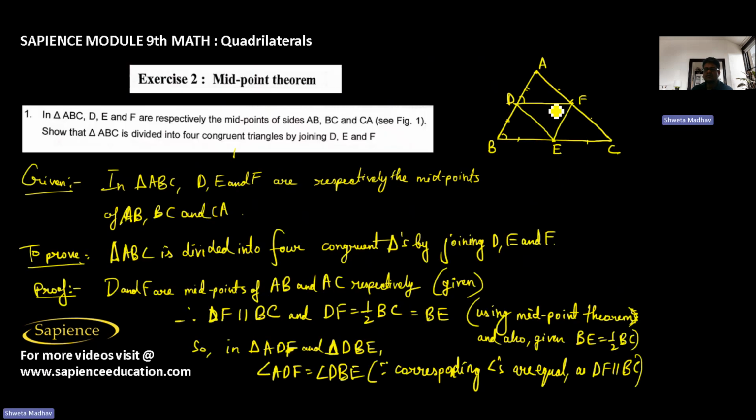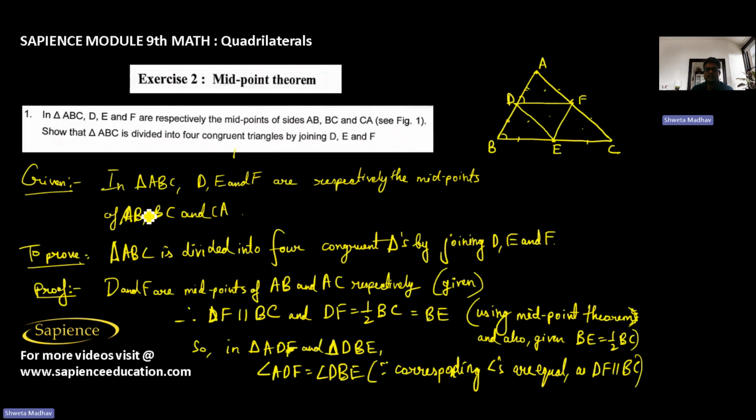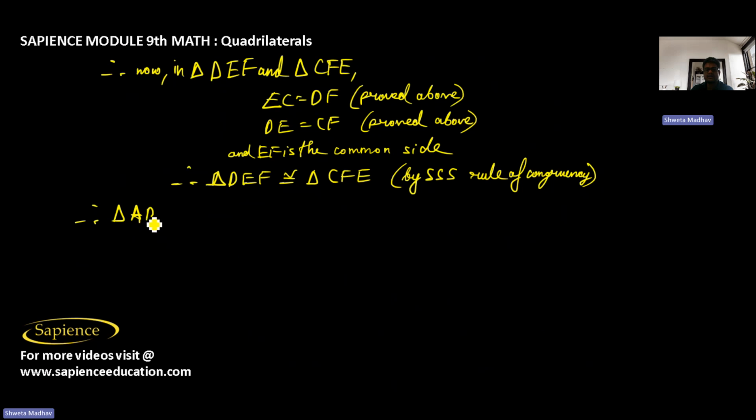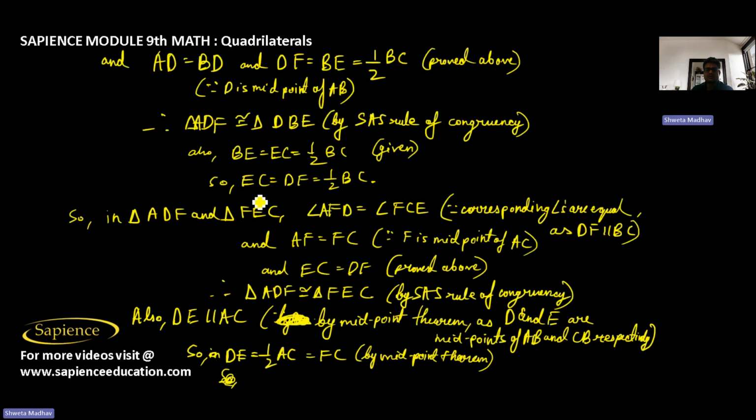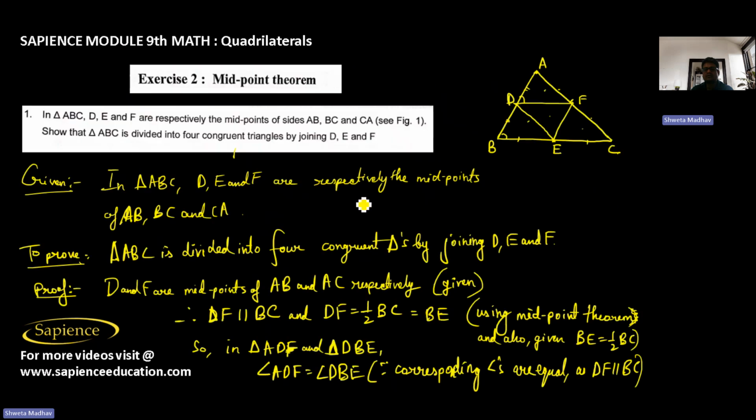So hence we can see that all these four triangles are congruent to each other. So therefore we can see that triangle ADF, we have shown, is congruent to triangle DBE, which is also again congruent to triangle FEC.